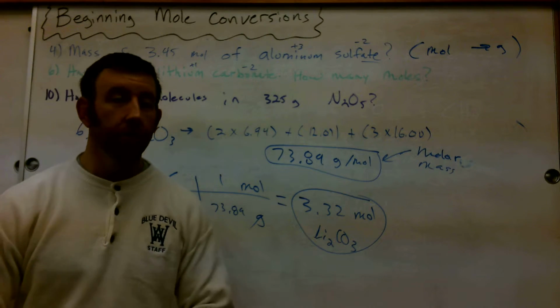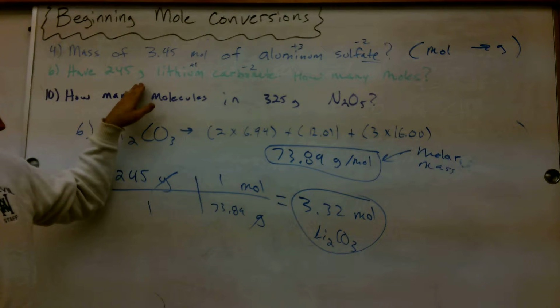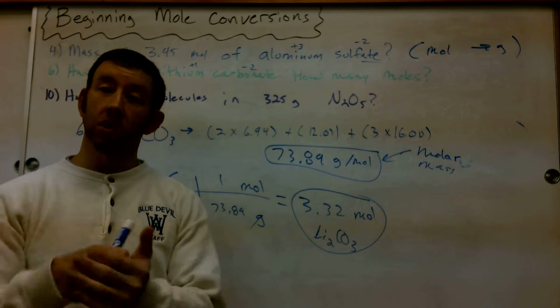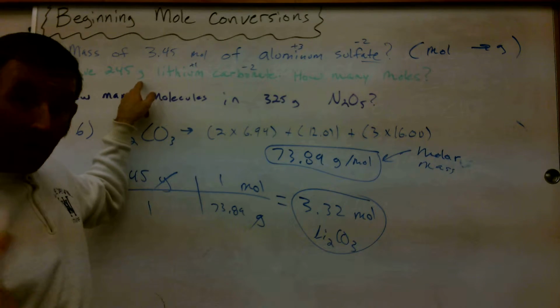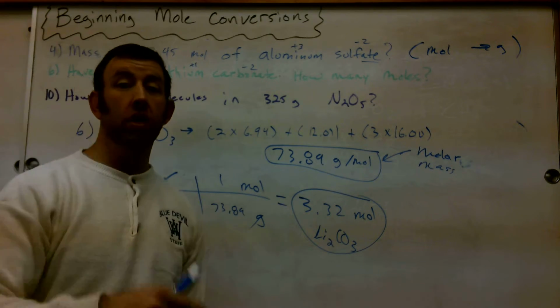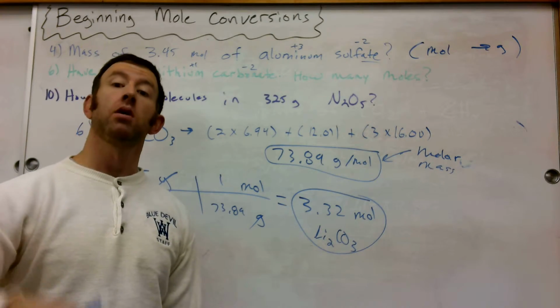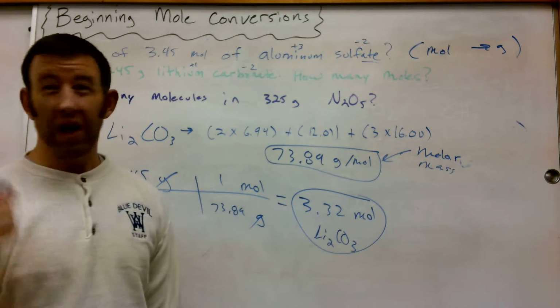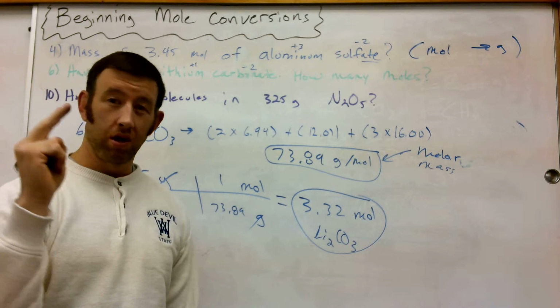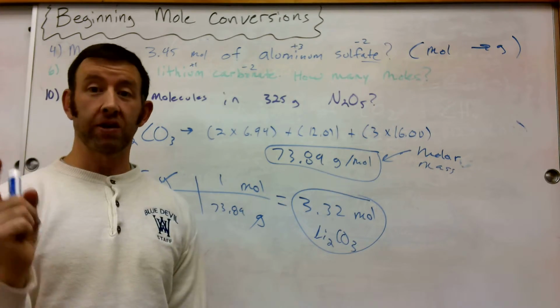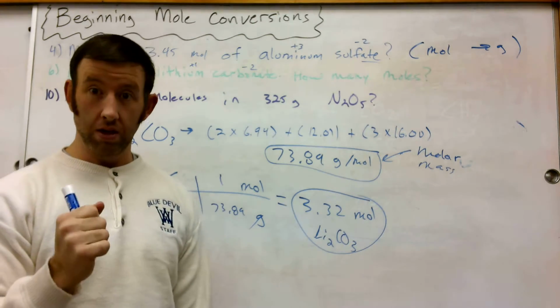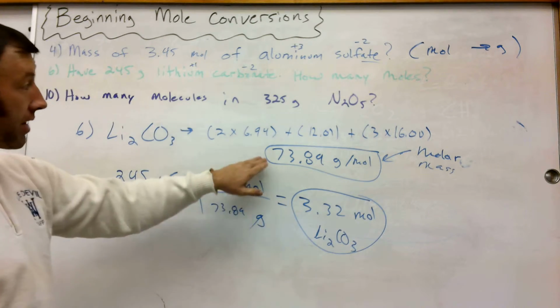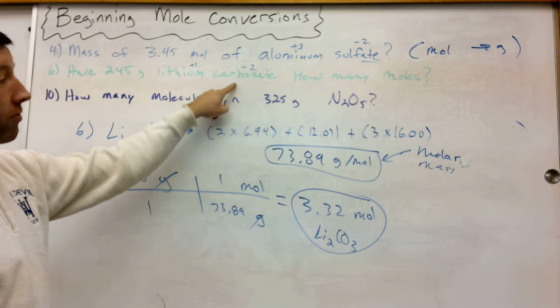So again, this time I started with grams and I wanted to go to moles. Every time I see grams or mass, every single time, I need to figure out my molar mass to make that conversion. So I calculated that first, which means I needed to do my formula first.